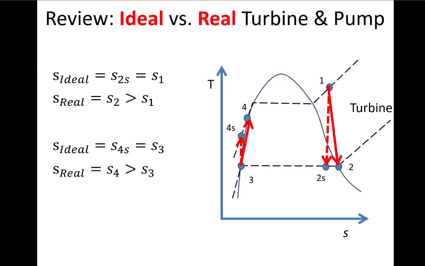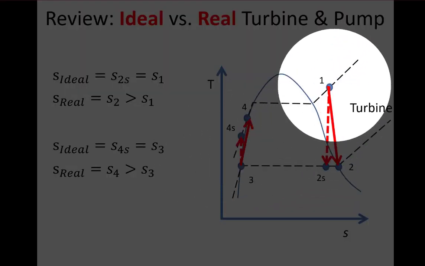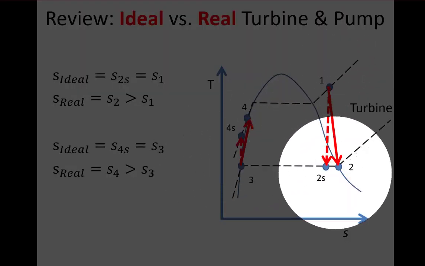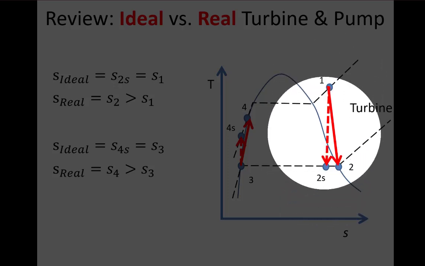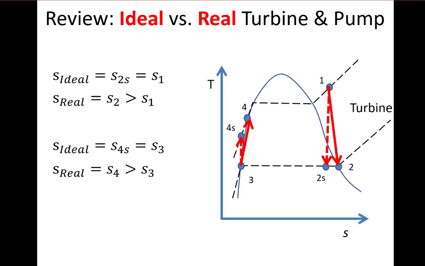So this brings us into our next topic, which is this idea of ideal versus real turbines and pumps. This idea that we have this thing called isentropic efficiency. What we do is compare, say, the real turbine, where the entropy is increasing, to an idealized version of the turbine that has the same mass flow rate and goes across the same pressure difference.